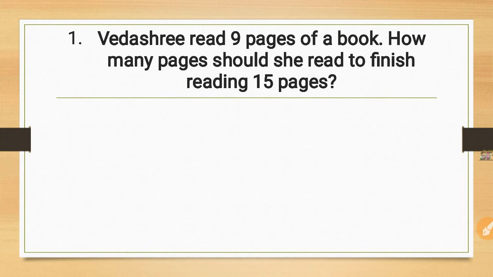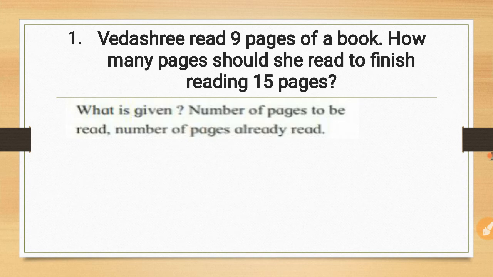Now we will solve some word problems. Vedashri read 9 pages of a book. How many more pages should she read to finish reading 15 pages? So let us understand this first word problem. What is given in this question? Here it is given that Vedashri read 9 pages, meaning she has finished reading 9 pages.